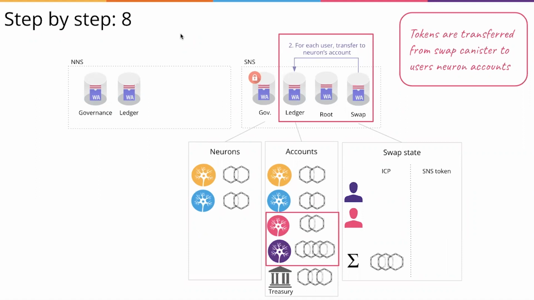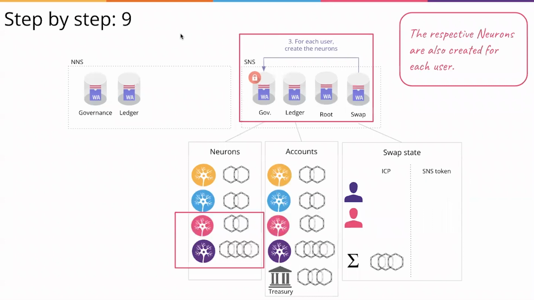So each user now has tokens in an account. Each one of those accounts has a neuron created, so users now have neurons and tokens. And you can see that reflected here with the neurons now created.